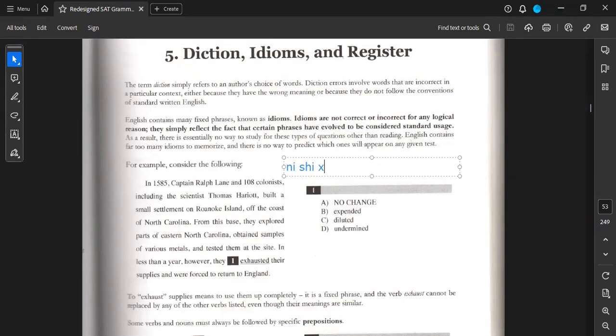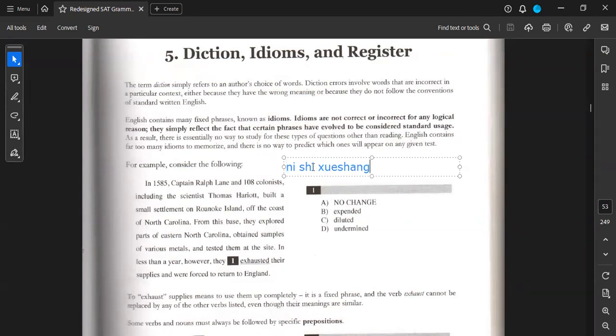So you have ni, which means you, shi, the verb to be, like you are, and then student, right? So directly this translates as you are student, but it means you are a student.